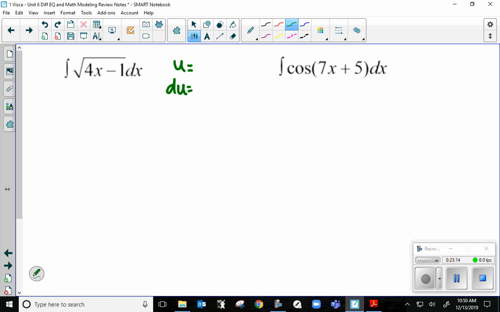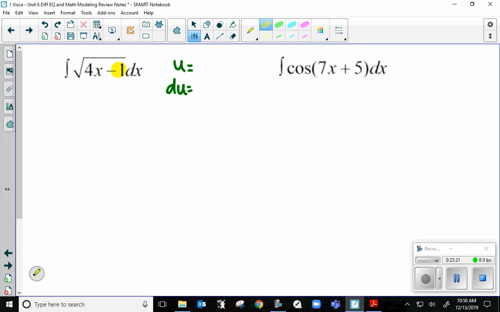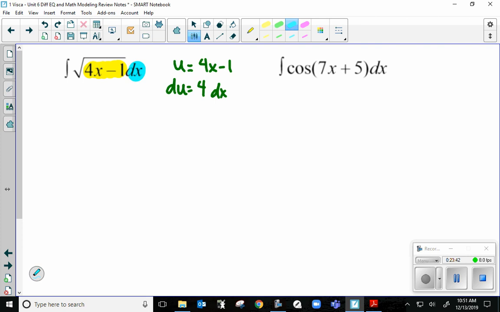If I take the derivative of 4x minus 1, if I make this my u, what's the derivative of that? It's 4. There's no more variable. 4, and then we always write dx. I'm going to take that. Do you want to know why? Because when I substitute in for my dx, I got to get dx alone over here.